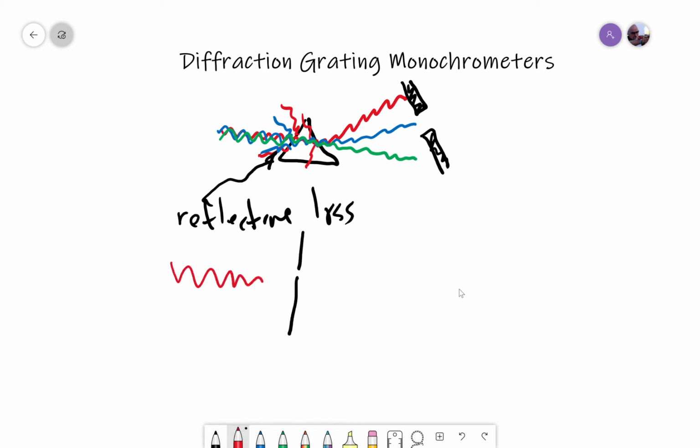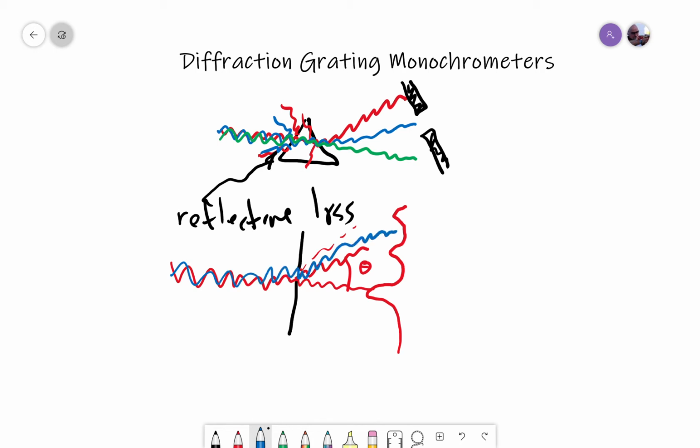Anytime you run light through a small slit, there is a diffraction pattern that is created. And this angle of diffraction as the light goes through the slit is actually wavelength dependent. So blue light will have a different angle than the red light.